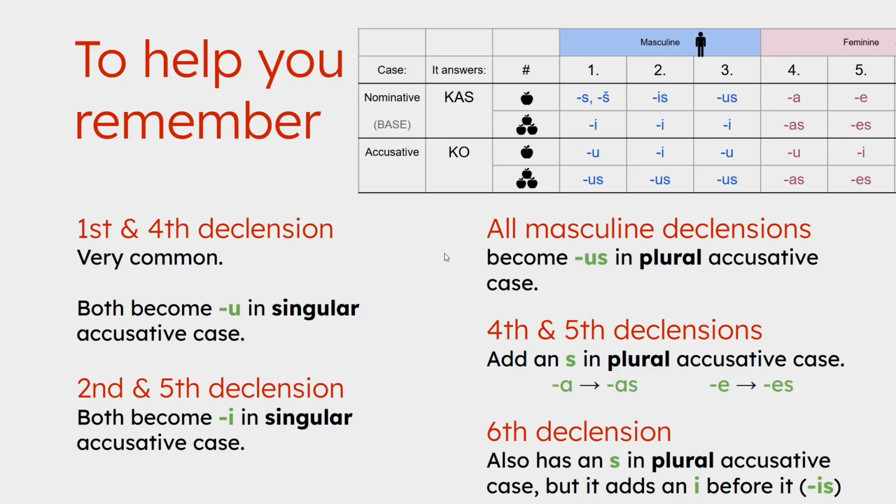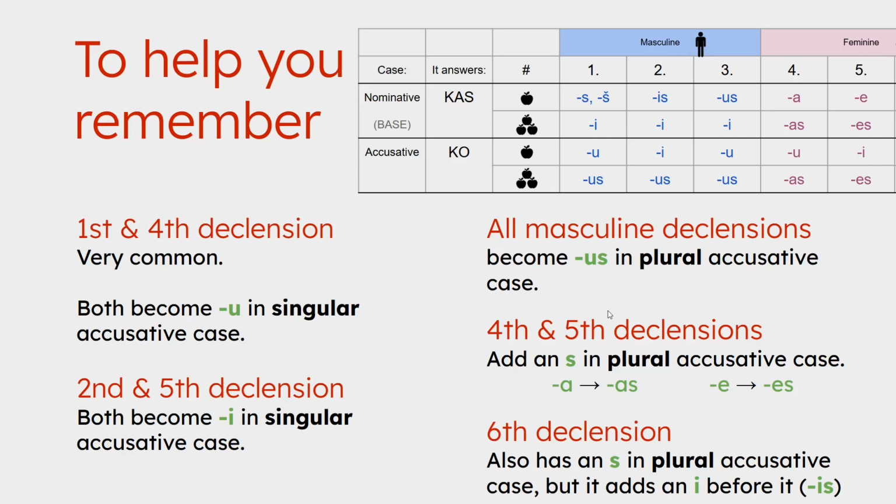They also follow a similar pattern to adjectives, where masculine adjectives end in s, and feminine adjectives end in a, so they match that. Additionally, the second and fifth declension, to me, are also fairly similar, because they both become I in accusative, and they're not as common as the first and fourth, but they're both the number 2, and they do similar things and similar weird things.